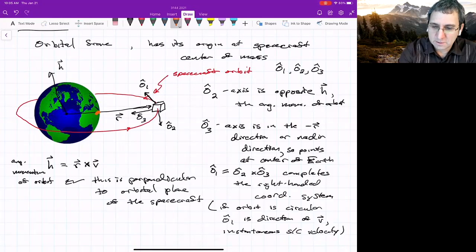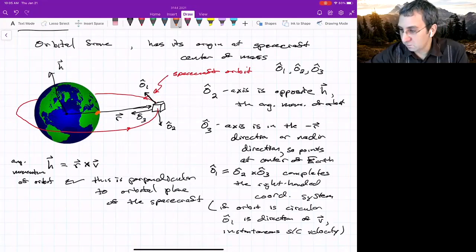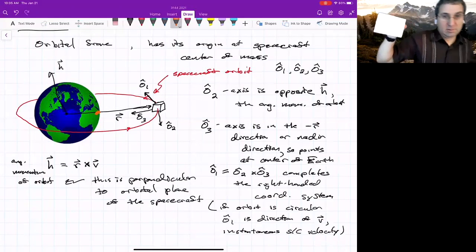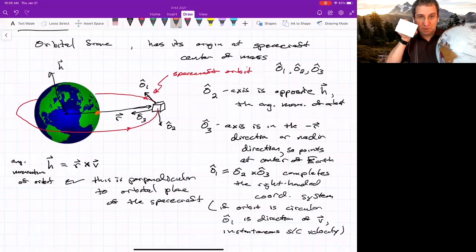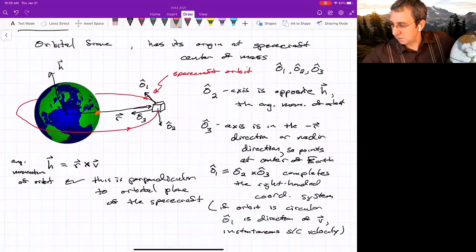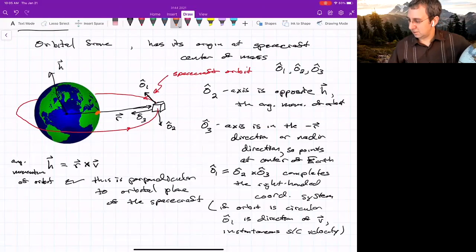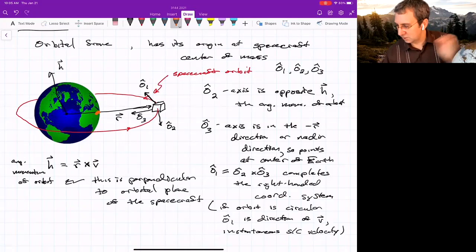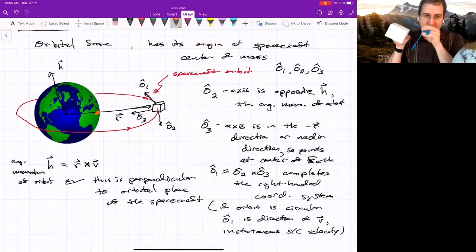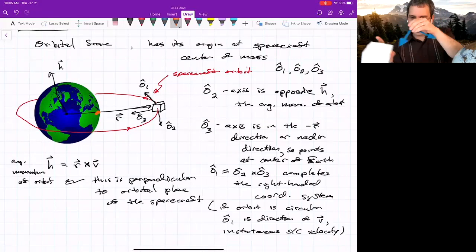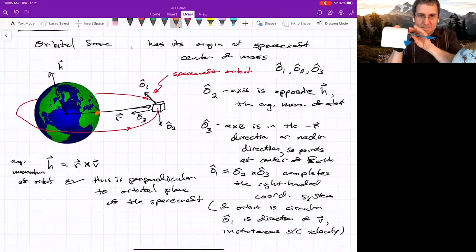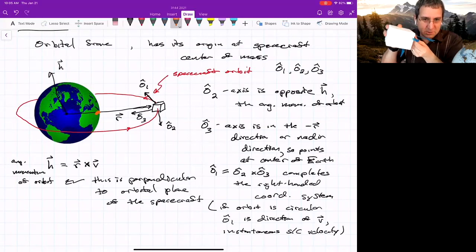Another frame would be, I guess we could say something about how this frame is a rotating frame, right? Because as a spacecraft goes around, let me get a frame here. So here's my spacecraft. And if I choose this correctly, it's going this way towards you.